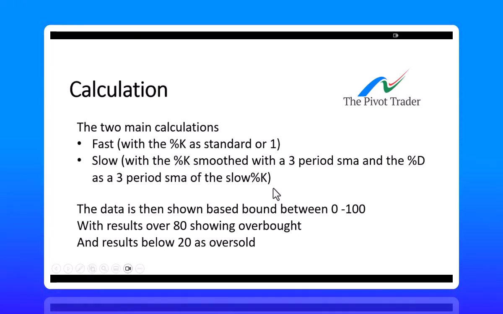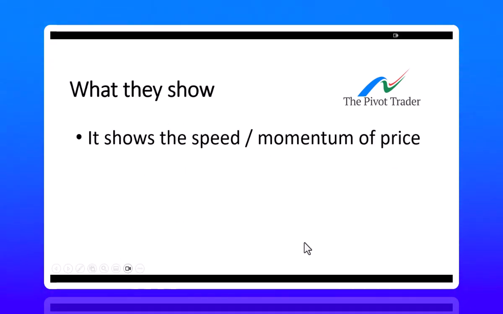It's a lot simpler when we look at it on charts. The data is shown bound, as I've already said, between 0 and 100. The basis is that results over 80 are shown as an overbought market, and results below 20 as an oversold market. One thing it really shows is the speed and momentum of price. You can see that on a chart, and the one thing I would always say with any indicator is that most of what it shows you is right in front of your eyes.